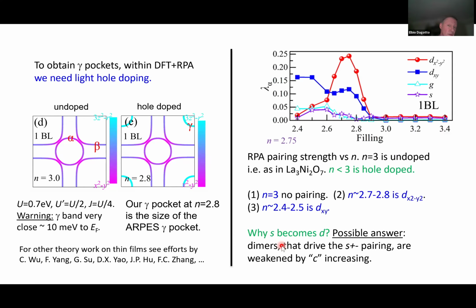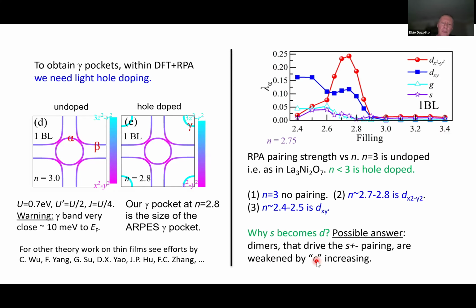Well, you see that can affect the channel of superconductivity. So we blame a weakened interlayer hopping caused by the increase in the lattice space in C for the switch from S to D in our calculations. So look, we're not sure if we are right, but if we are right, this is something qualitatively quite charming, to have different pairing channels under different, basically geometric circumstances.